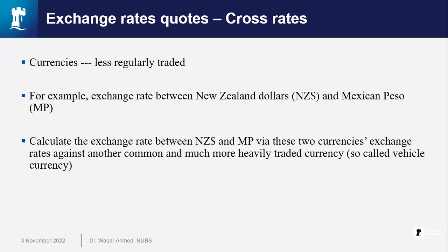As an example, we'll take New Zealand dollars and the Mexican peso. What we need to do is calculate the exchange rate between New Zealand dollars and the Mexican peso through another common currency.